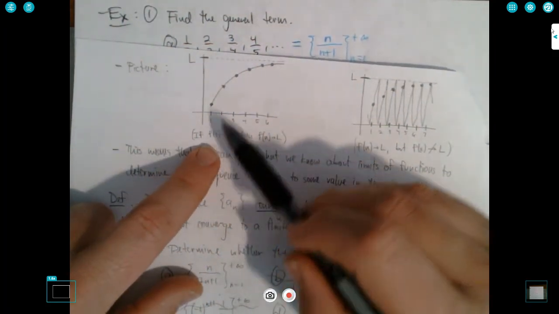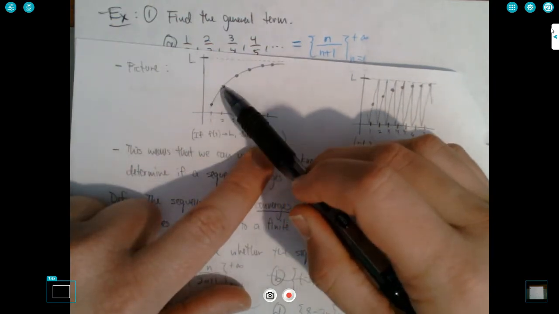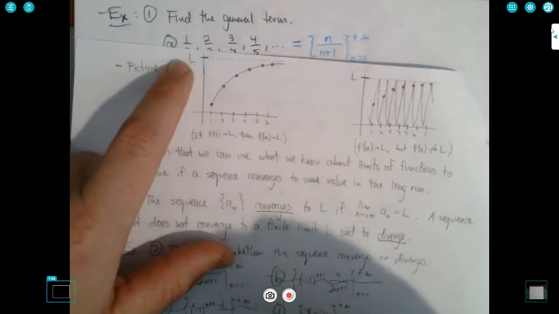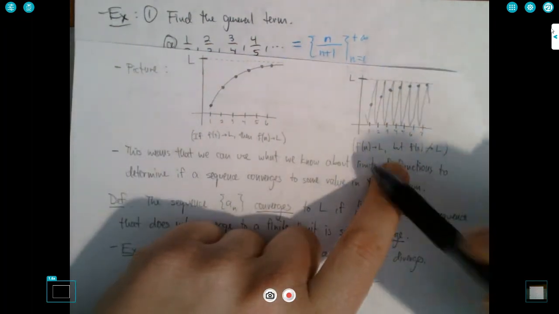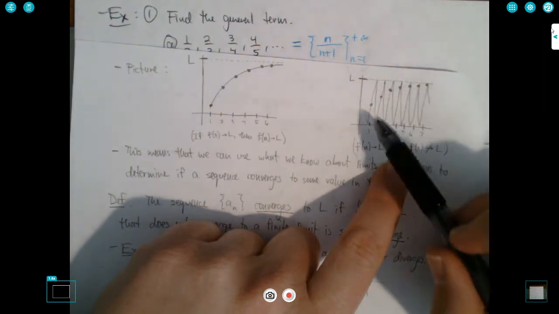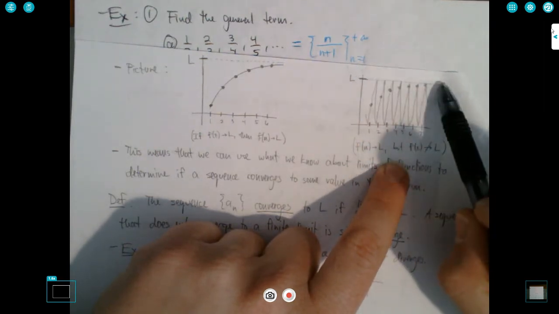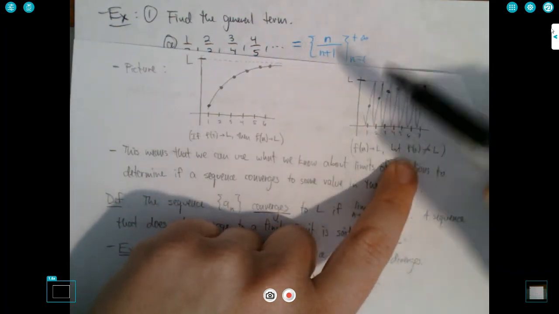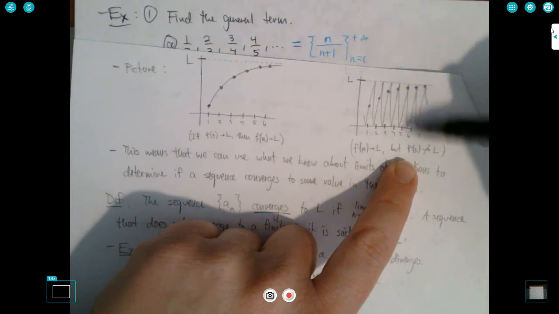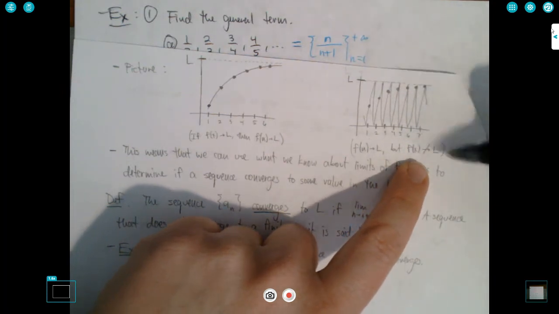So notice that f(x) is going to this limit, and that means that the sequence also has to go to that limit L. On the other hand, here we have a scenario where you have a sequence that's going to some limit L, but the corresponding function f(x) is not going to L. It's this weird sawtooth oscillating thing, so it's not approaching any limit.